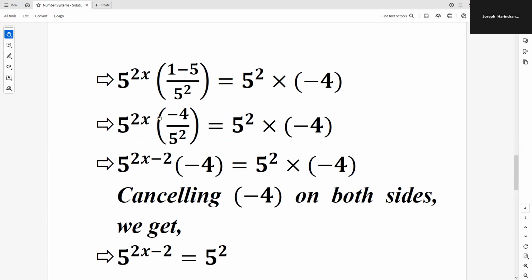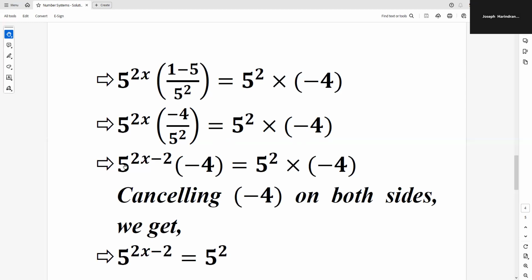And 5 power 2x is common factor here. And inside the bracket, we have done the subtraction operation. It gives you minus 4 by 5 squared. Minus 4 by 5 squared is equal to 5 squared into minus 4. Now we again use the division rule of laws of exponents, 5 power 2x by 5 squared.